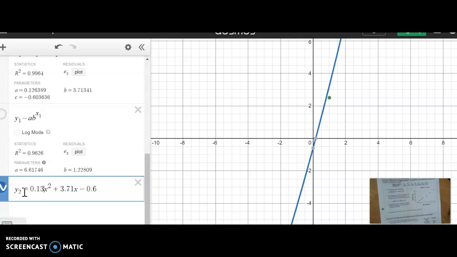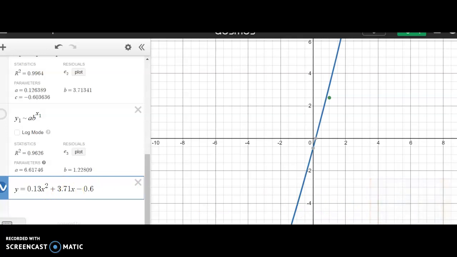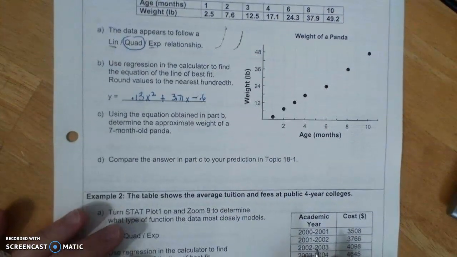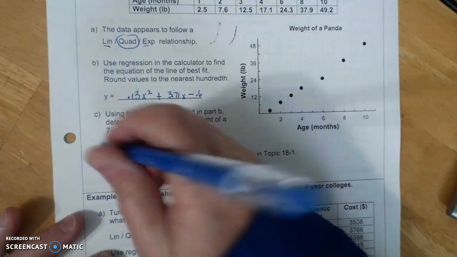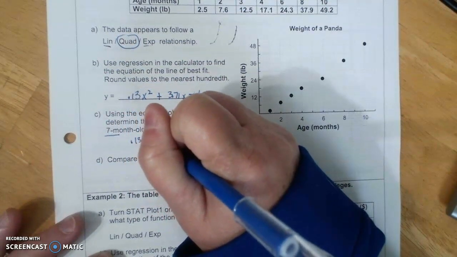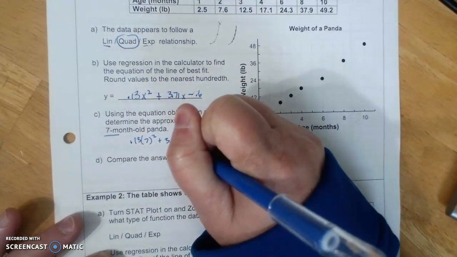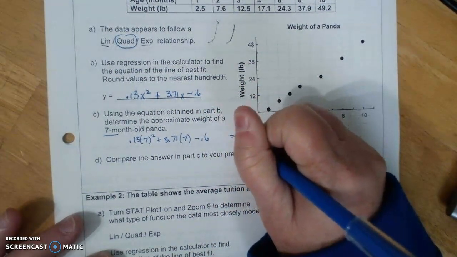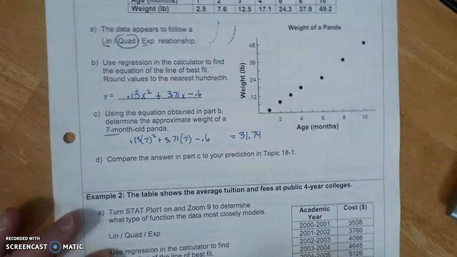And so now that I have my equation, I'm going to go in here and I'm going to substitute 7. So 0.13 times 7 squared plus 3.71 times 7 minus 0.6, and that gives me 31.74.